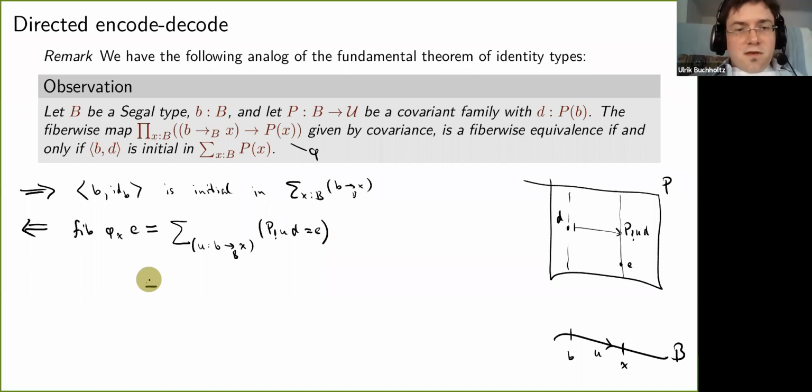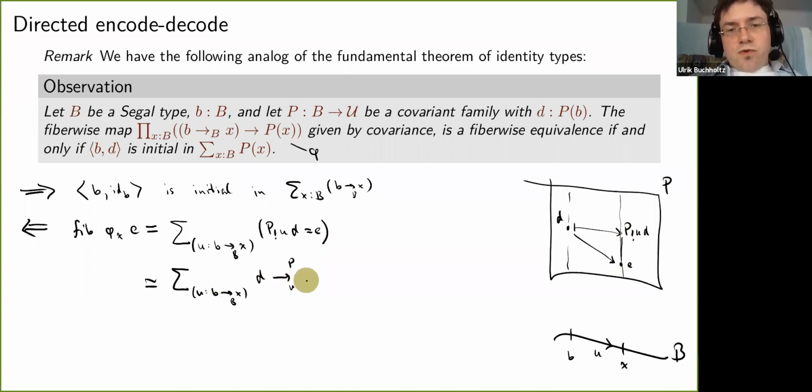Okay. Now, in a covariant family, to give a path here is the same as to give an arrow, a dependent arrow from D to E lying over U. So this is the same as a sigma type over U from B to X, and an arrow from D dependently over U to E. Now, by the yoga of taking things apart and putting them back together, an arrow in a sigma type is such a sigma type of arrows.